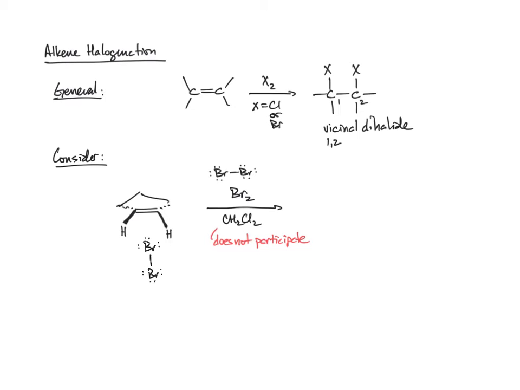So we know that there's induced dipole interactions. One of these bromines can be delta minus, one can be delta plus. This is just the nature of the electrons moving. When that little bit of plus charge shows up, the alkene can come down and attack. We can then break this bond.